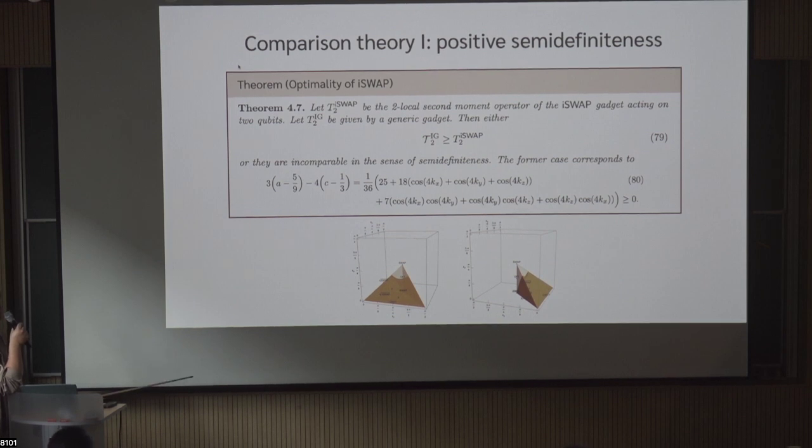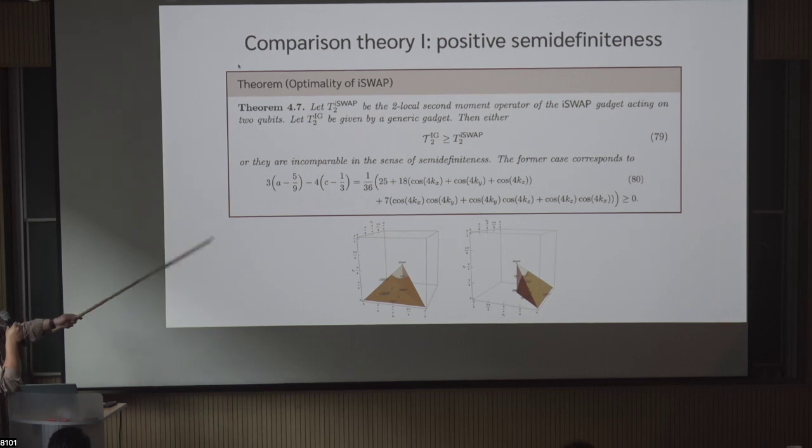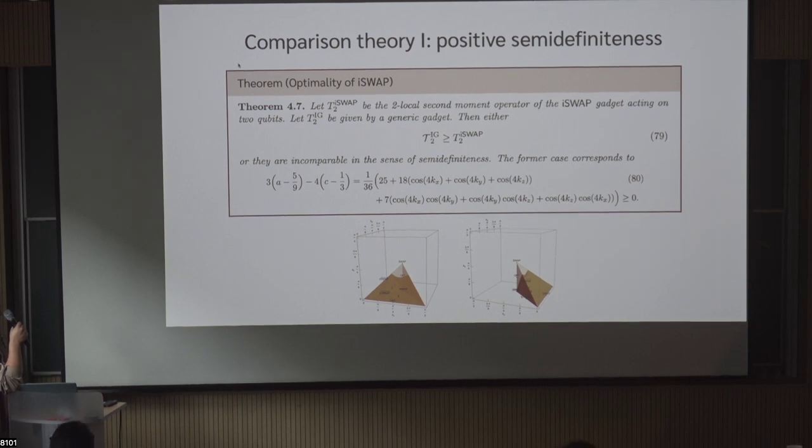By this approach, what we can prove is that the iSWAP gate, for sufficiently large n and under this slightly complicated condition, is always the best gate, or no other gate can outperform the iSWAP gate on any graph.